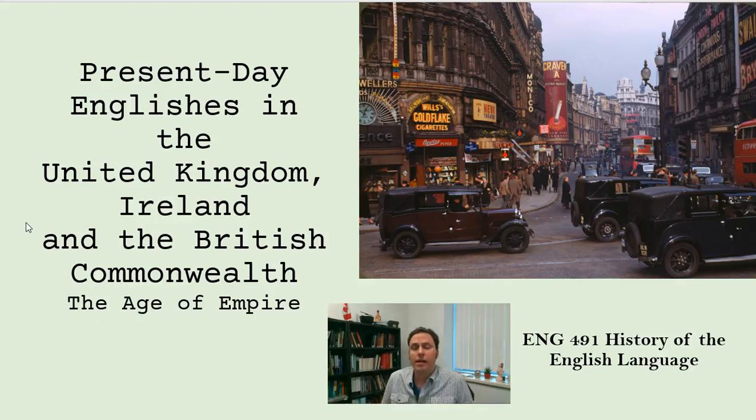And it was only in the interwar years, and especially after the Second World War, that the United States took over from Great Britain as the hegemonic power in the democratic world or the world more generally.